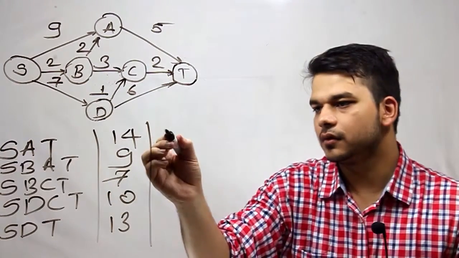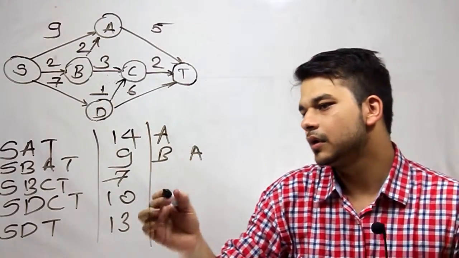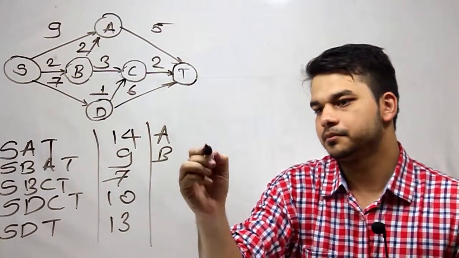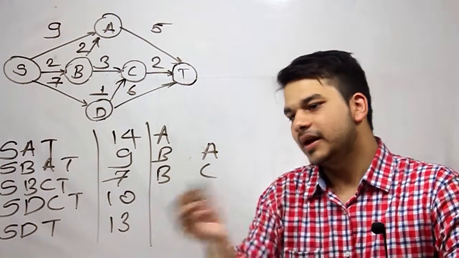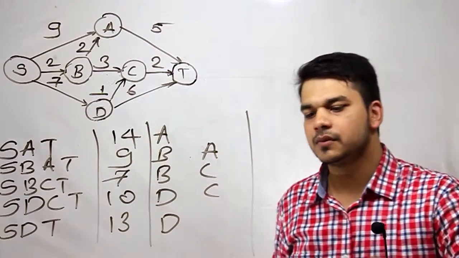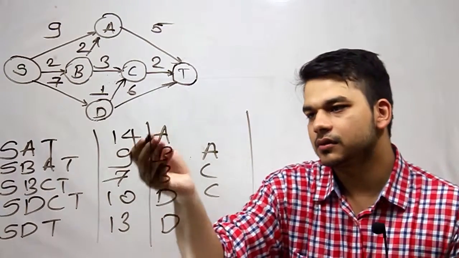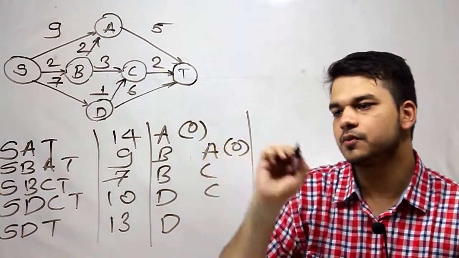Here we have a toll booth A, here we have both B and A. Then we have B and C, D and C and D. Okay. Now I'll keep the toll at A as 0. So this will be 0.